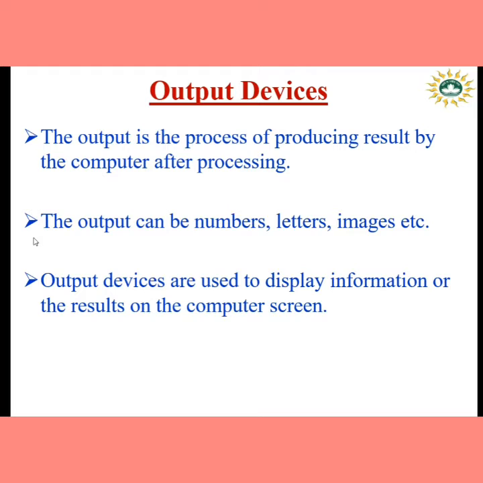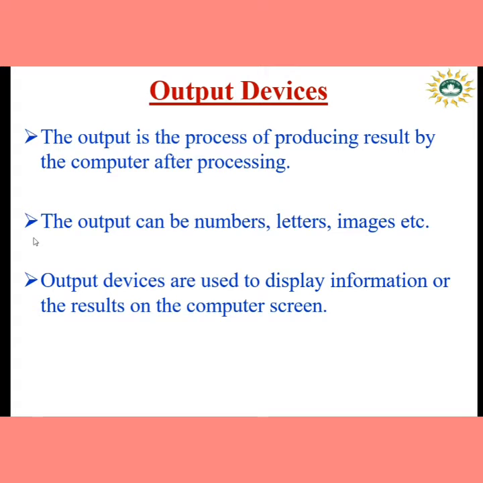Now mostly we are using monitors, printers. There are many output devices, but among them monitors, printers, speakers are the most important or most commonly used output devices. কি বললাম? Monitor, printer, speakers are the most commonly used output devices.